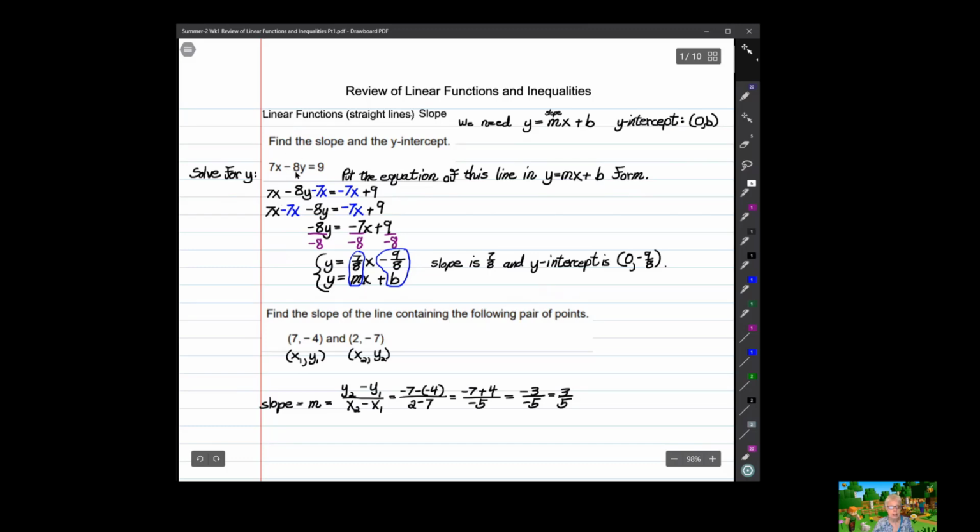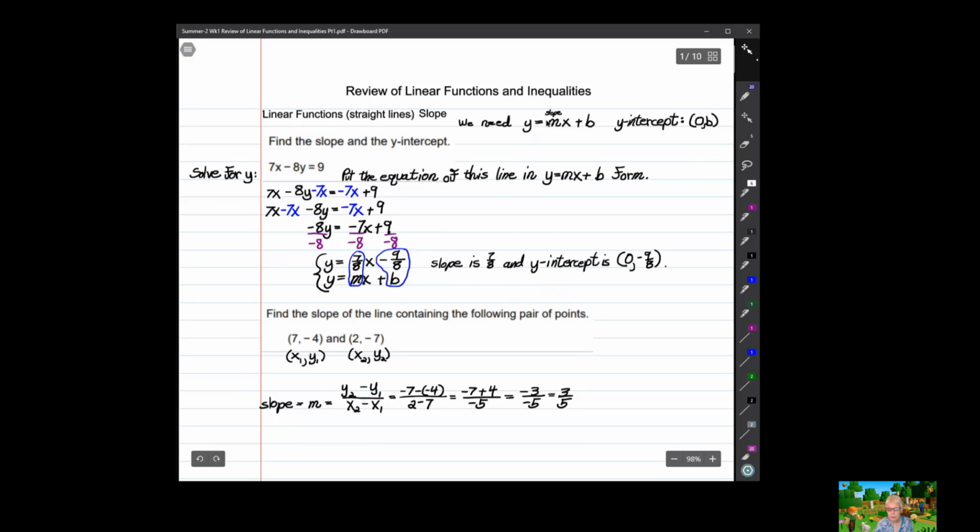Get the y term, negative 8y, all by itself. To do this, I'm going to subtract 7x from both sides of the equation. That's because 7x minus 7x is 0, and that will leave me with negative 8y, which is what I want right now.